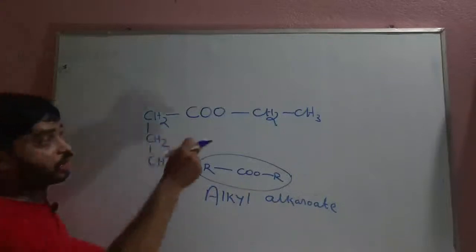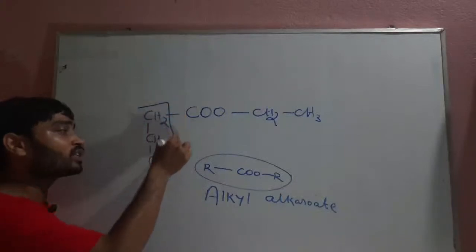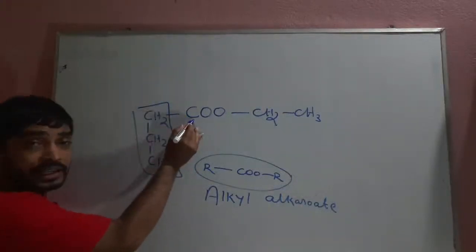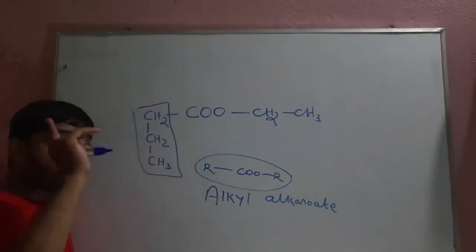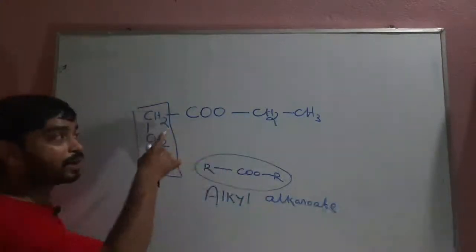What I have told: any carbon chain end or alkyl group part which contains the carbon atom of the functional group is included under alkanoate. Which alkyl group part will be included?